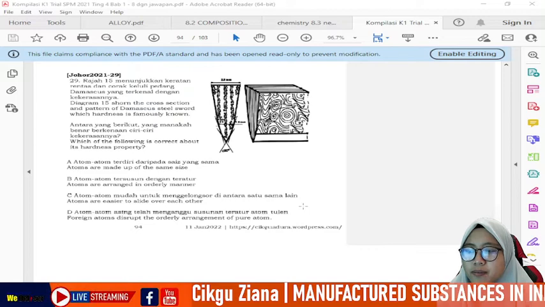Damascus, bila dikata hard, maksudnya that is made from the alloy. So, which one is the property of alloy? D. Okay, good. Foreign atom disrupts the orderly arrangement of pure atoms.